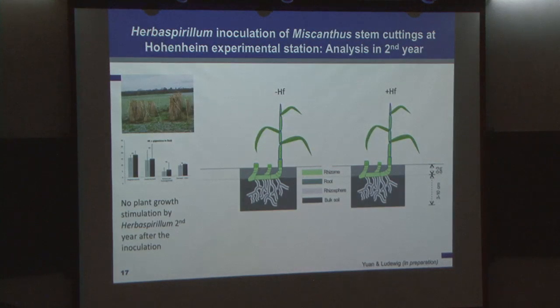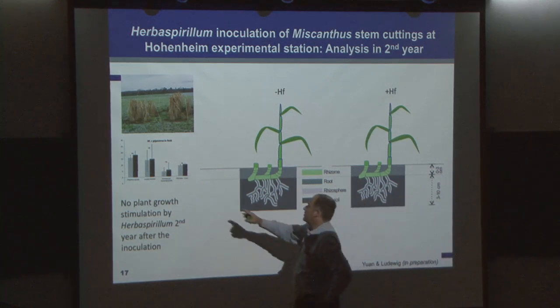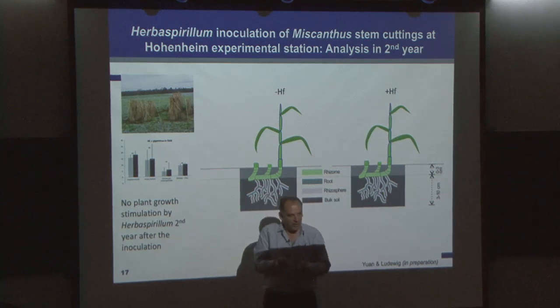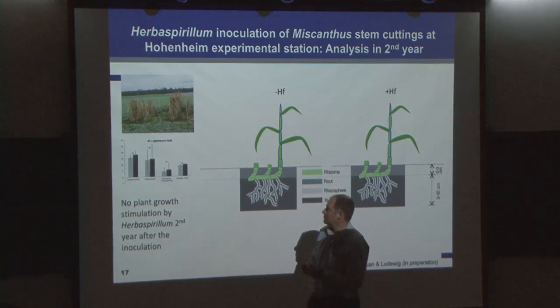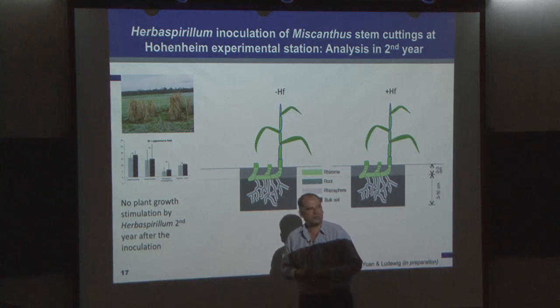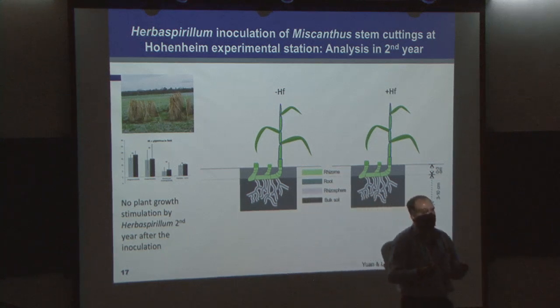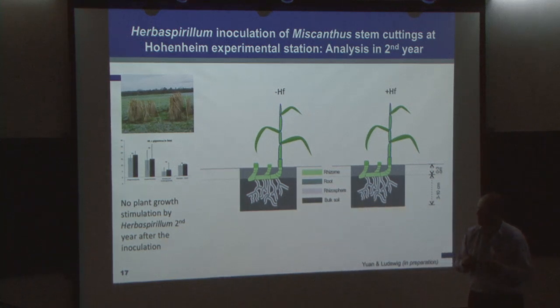But we then worked again in the field. We did a very small plot. Well, part of the plot is shown here. And we established Miscanthus from stems, not from rhizomes, which is relatively costly. From stems, you can establish them more easily. And we knew from greenhouse experiments, yes, establishment is helped by Herbaspirillum a little bit.